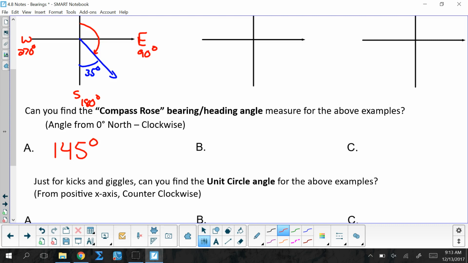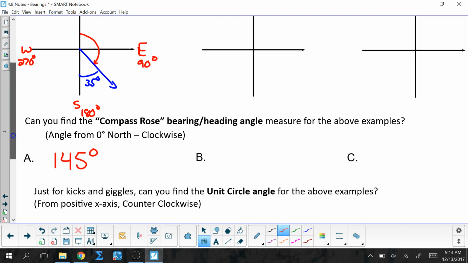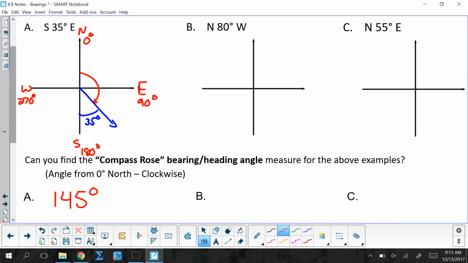Now, let's take that and put that back onto the unit circle. We'll go in degrees so we don't have to worry about radians and bad conversions. What would the degree be on the unit circle? Well, now the unit circle starts at 0 degrees over here, then goes up here to 90 degrees, then down here to 180 degrees, and then way down here to 270 degrees.